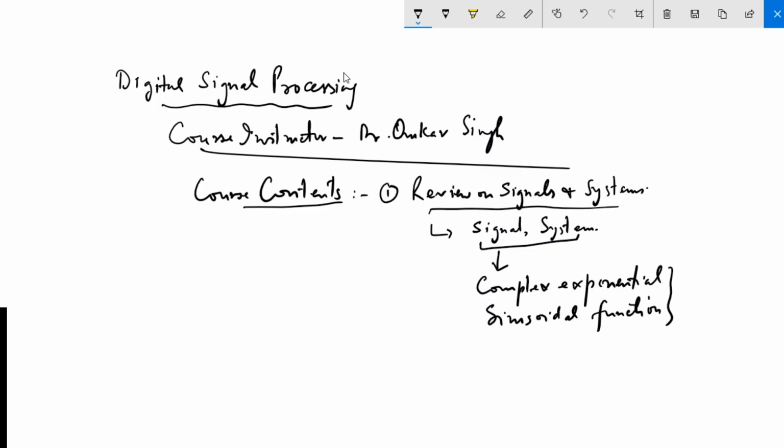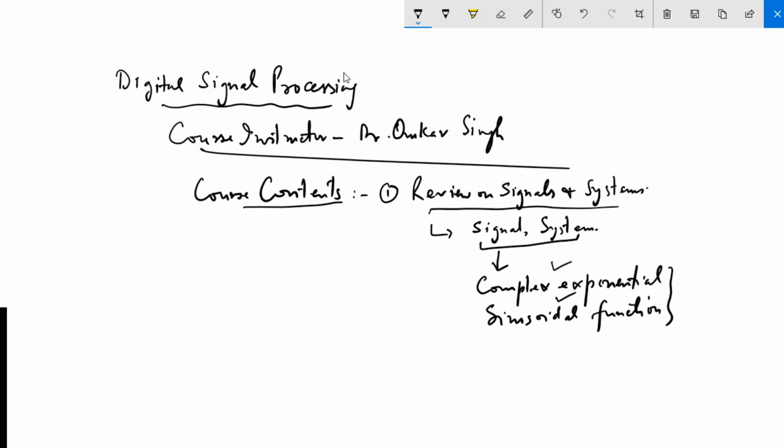So we will discuss in detail these two signals, the complex exponentials and sinusoidal signals, for both continuous time and discrete time case. There are some other classifications of signals that we have already studied, so I will not go into that detail, but these two signals we will cover a bit in more detail.